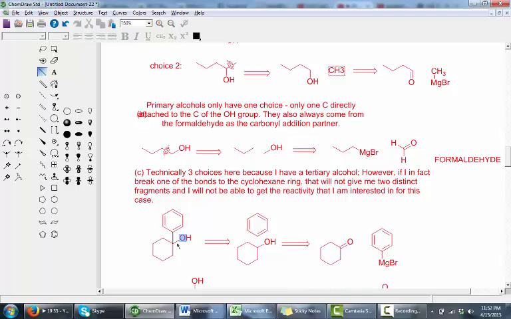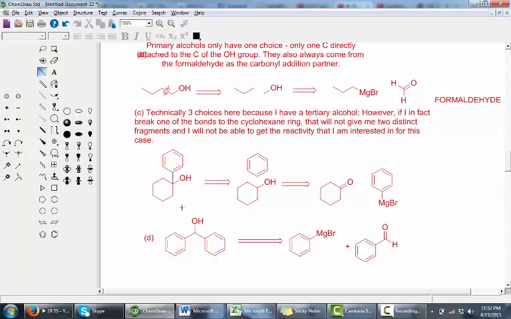So phenylcyclohexanol. And technically here I have 3 different choices. If I look at my COH, there are 3 different things bound to it. However, in practice, I can really only break this bond. Because if I tried to break either of these, I would end up with a case where I'm trying to put a carbonyl and a Grignard in the same species, and that's not going to work well practically.